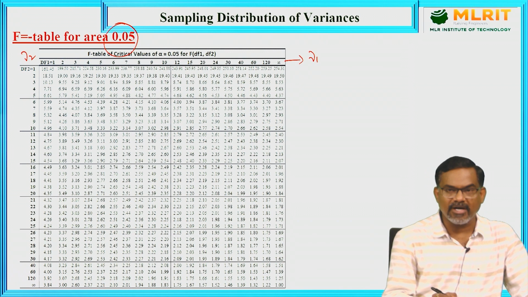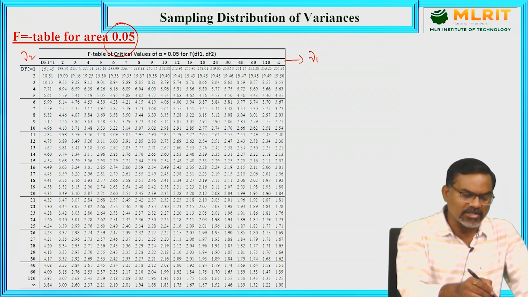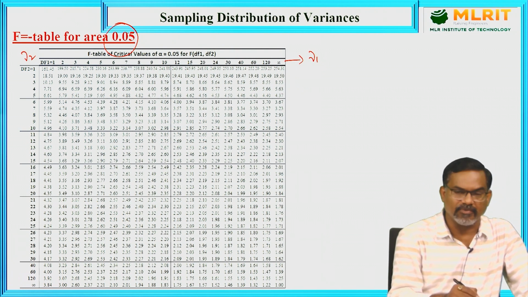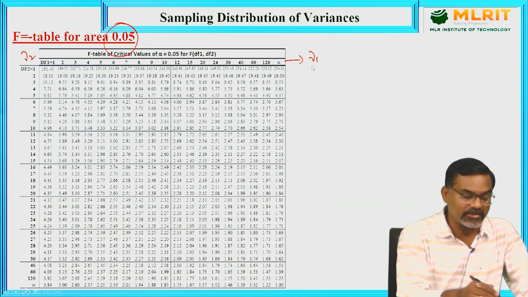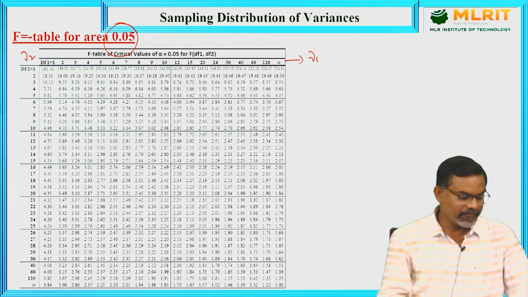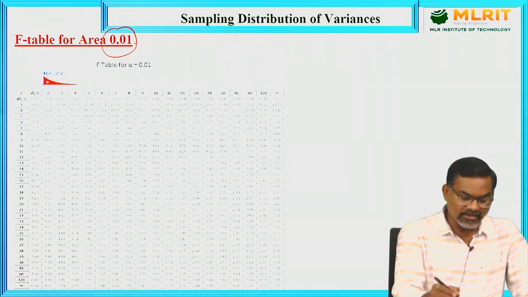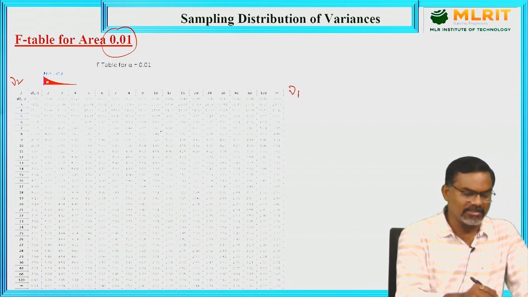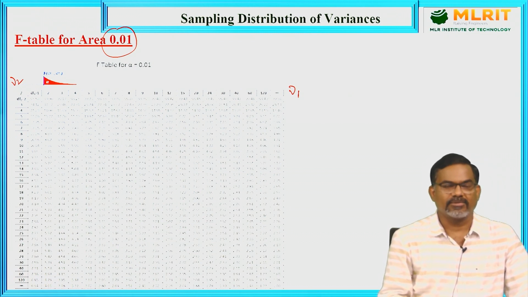And where is the alpha? It was constructed particularly for 0.05 and 0.01. So, this table is for 0.05, alpha is fixed at 0.05. Top row degrees of freedom nu 1, leftmost column degrees of freedom nu 2, and the entries are F values. Similarly, for 0.01 again the same: nu 1 top row, nu 2 leftmost column, and the entries are F values.